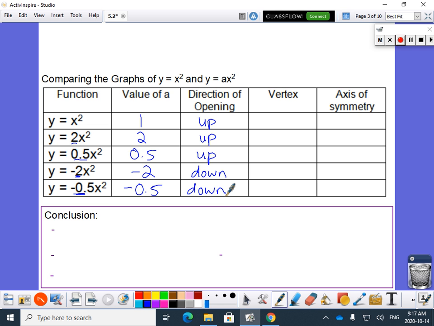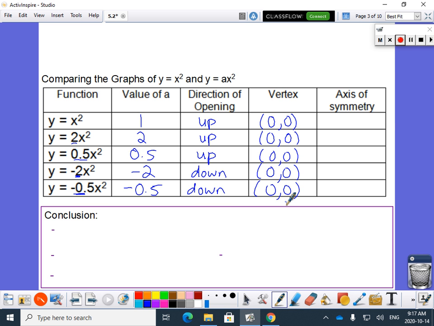So the vertex stays the same, okay, because we don't have that extra number in the equation. So if the vertex is 0, 0 for y equals x squared, it's still 0, 0 for all of these equations as well, because we don't have a shift up or down. Okay, so really just comparing graphs here.